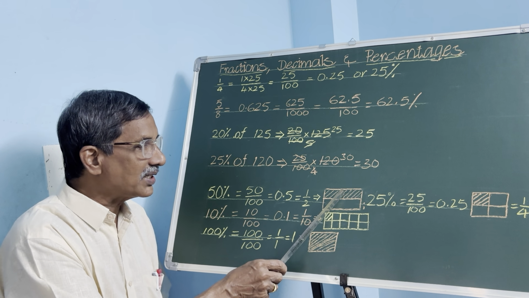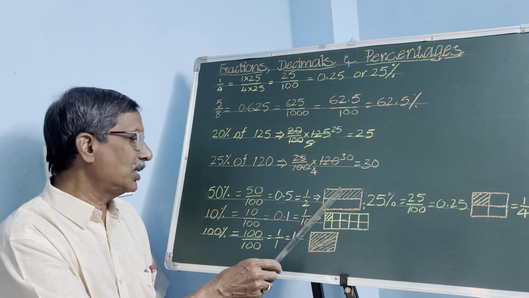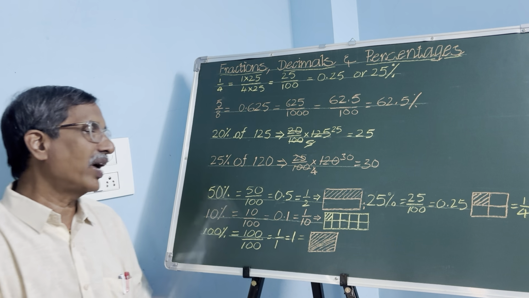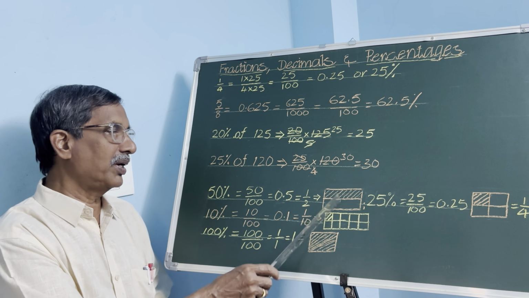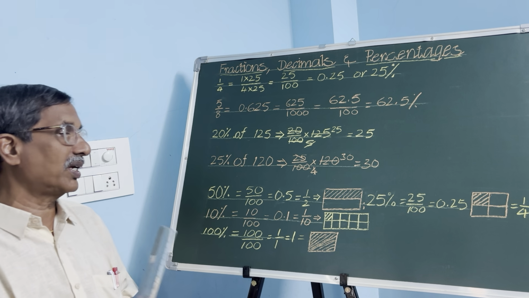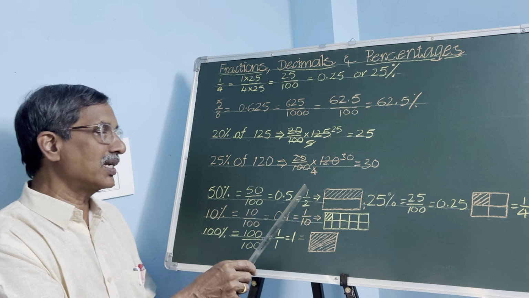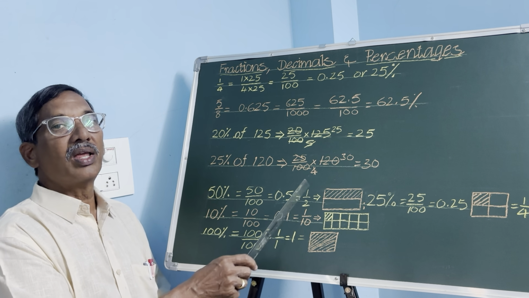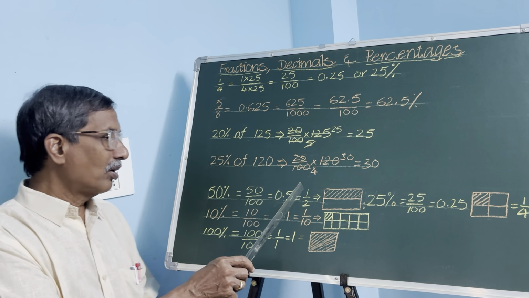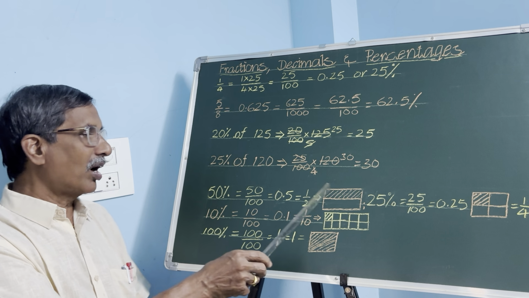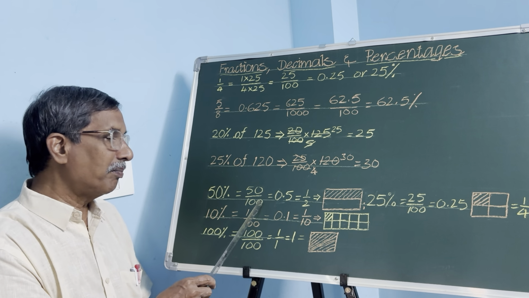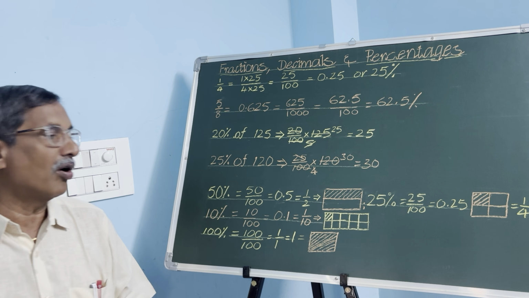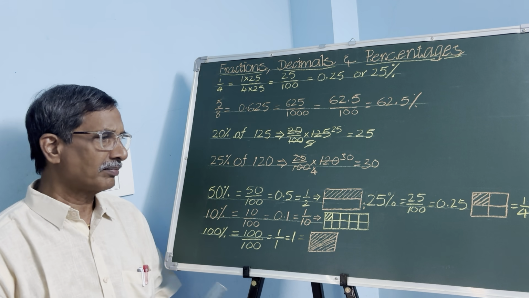So 50%, half, and 0.5 are represented in this figure. We can represent this figure as 1/2 or 0.5 or 50 over 100 or 50%.